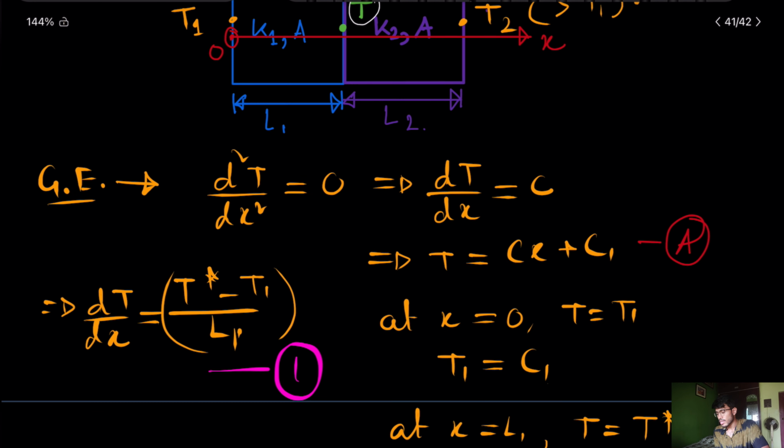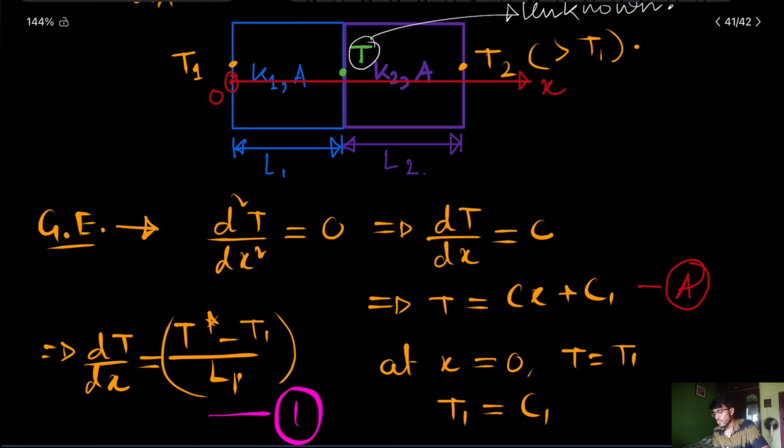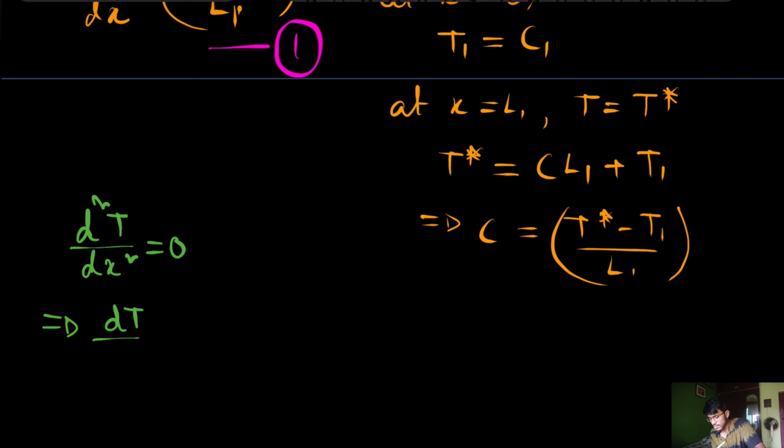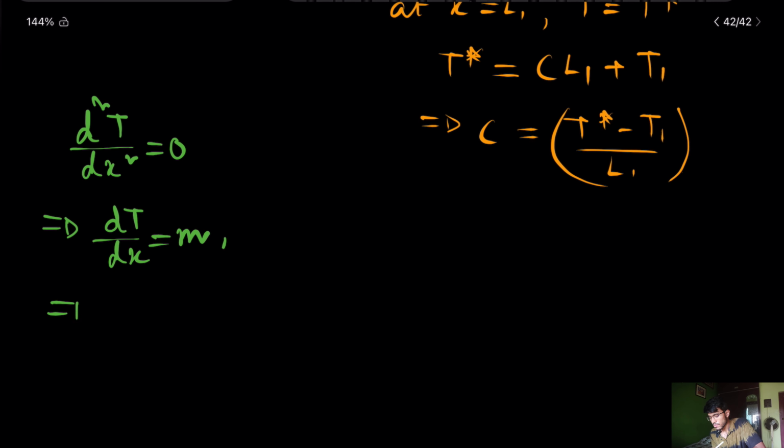So a similar analysis for block 2. Let us do it again. This is 0 for block 2. So dT/dx is another constant, M1, and T will be M1x plus M2.